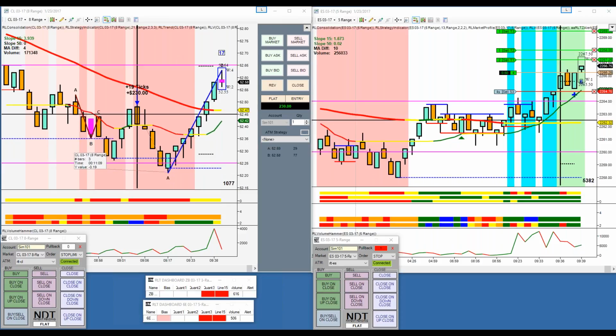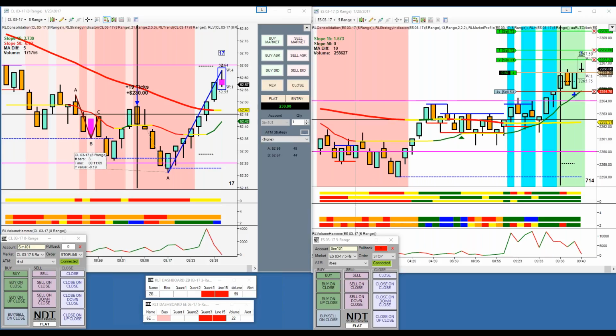We're in the trade. The transition zone took it. There's our first target. There we go.